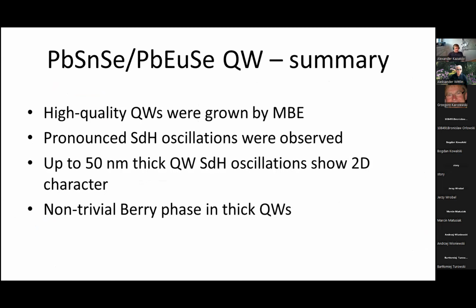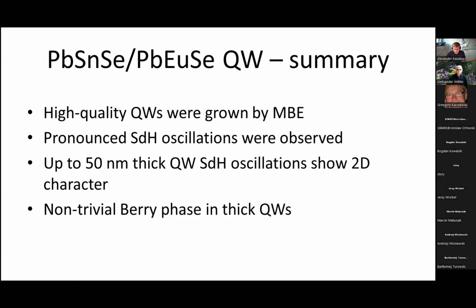So far I've shown the high quality quantum wells we made by MBE growth, and in these quantum wells we saw very pronounced Shubnikov-de Haas oscillations. Indeed, the 50 nanometer one is clearly still a two-dimensional system, so we do not see any transition to 3D so far.